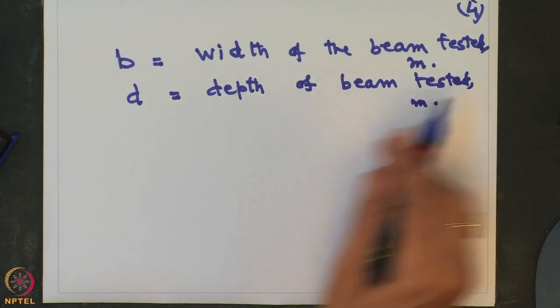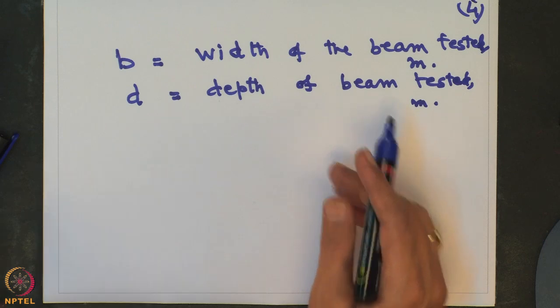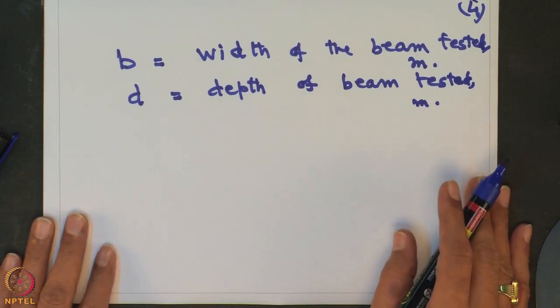So, you know this equation for the maximum fiber stress value. If you know P, L, the width of the beam and the depth of the beam, so knowing the values of P, L, B and D, you can calculate the maximum fiber stress, that means S.